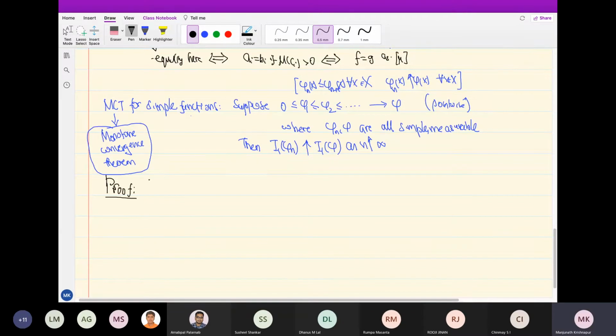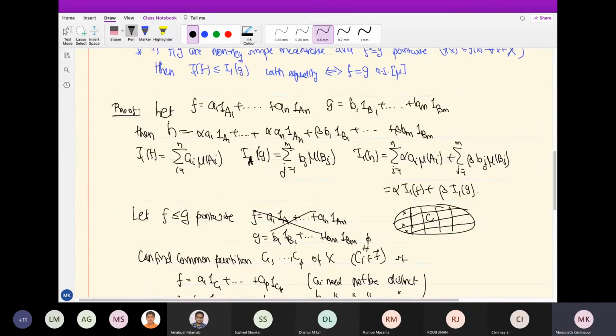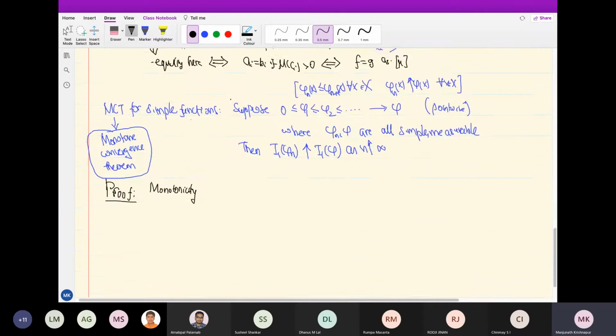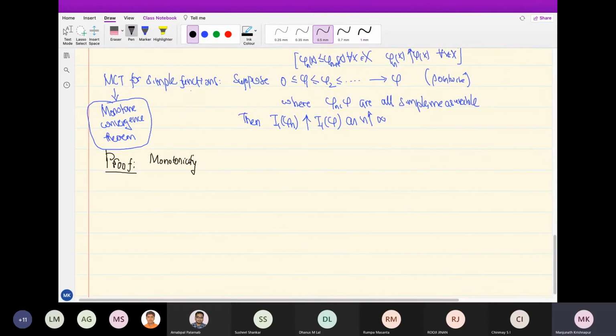Okay, so by monotonicity, I have already proved monotonicity right here: f less than or equal to g, both non-negative simple measurable, then I1 of f less than or equal to I1 of g. So monotonicity implies 0 less than or equal to I1 of phi 1, I1 of phi 2 less than or equal to I1 of phi 3 and so on.